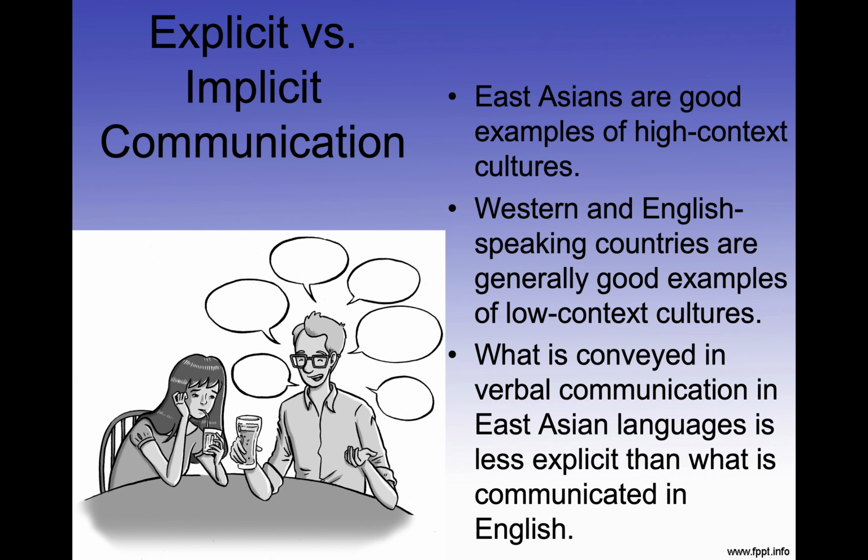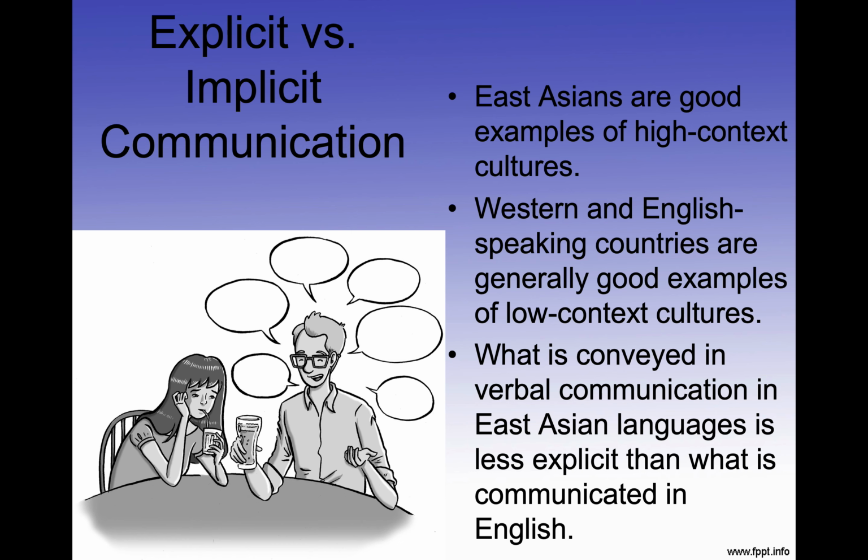And one of the complaints about Americans is that we say a lot of things, but a lot of what we say doesn't mean anything. And of course, that's just the way Americans are. They would rather fill the air with noise than make a lot of sense. And Asians, of course, are the very opposite. They don't have anything to say.